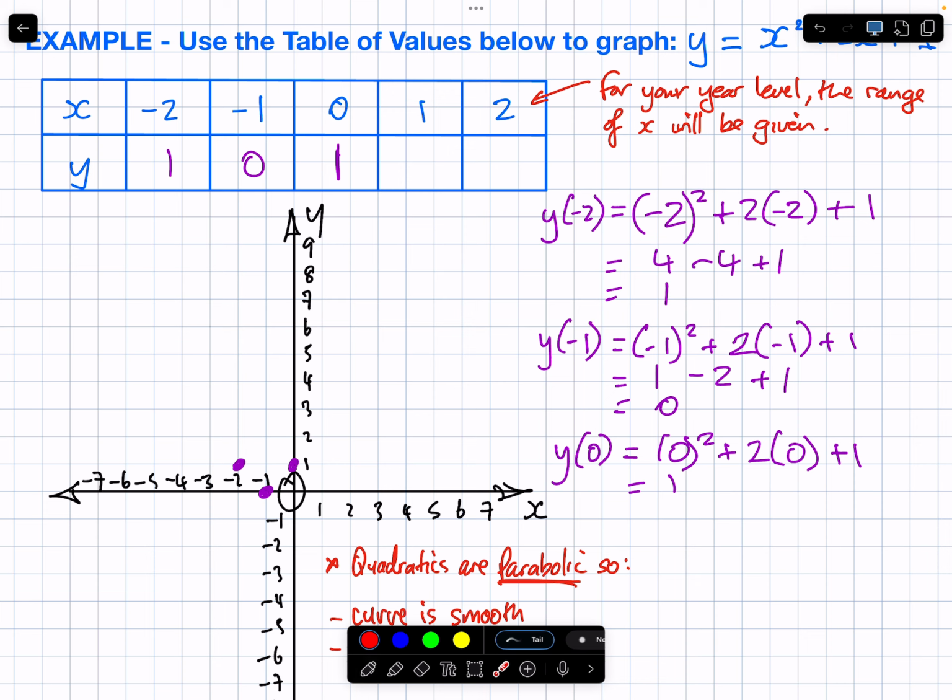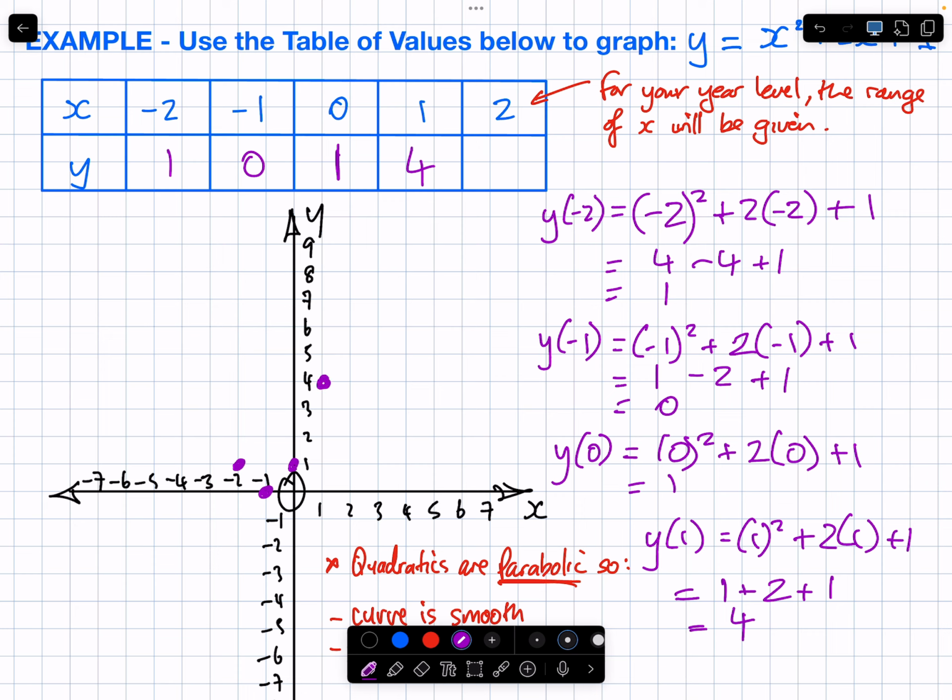So someone else, next working out. 1 squared plus 2 times 1. Plus 1. 1 squared is plus. What's that? 4. So I go across 1, up 4. So it's reaching up. Last one. You with your mouth open.